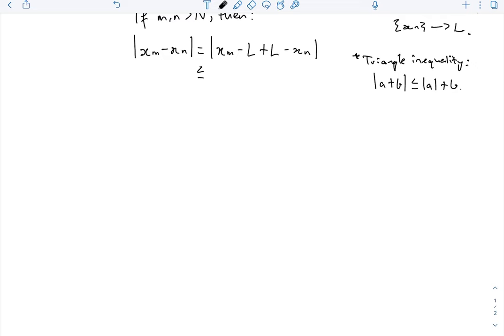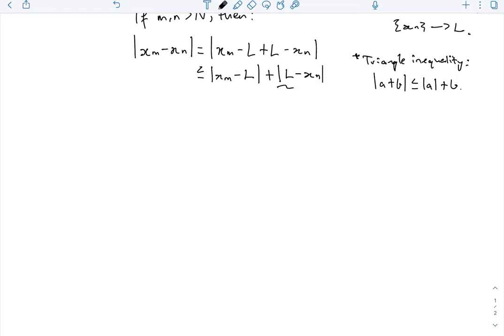Knowing that, we can say that what we have here is less than or equal to the absolute value of xm minus L, plus another absolute value. We've just used the triangle inequality there.